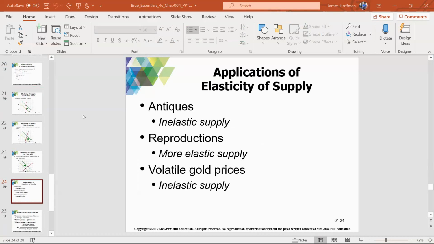Okay, these categories help us determine how elastic supply is, but let's first make sure we understand why time makes supply more elastic.